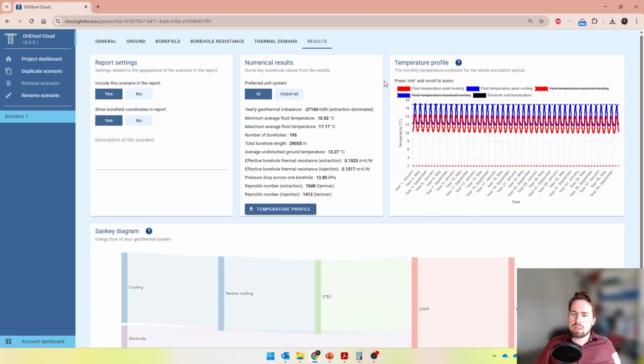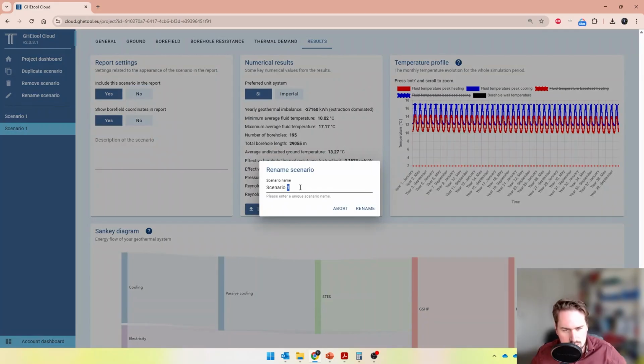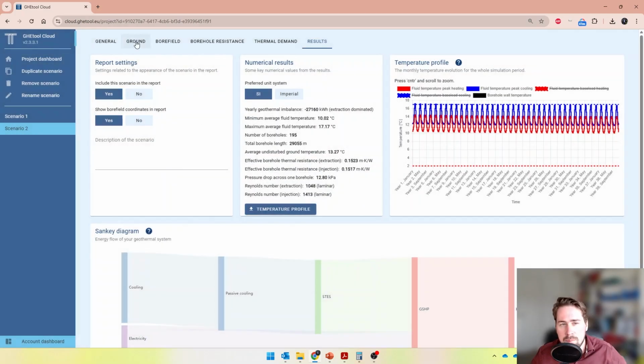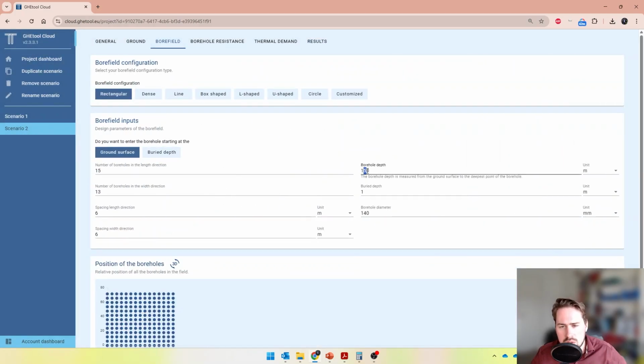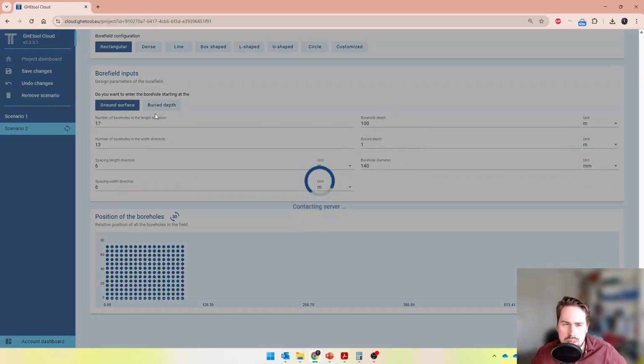So this was our initial design. We need, as you can see, 29,000 meters of borehole length. Now, if you recall the ground layers, we're now at 150 meters deep, working in the clay region. So let's go ahead and create another scenario where we say, well, let's go a little bit out of this clay region, go to 100 meters deep, and let's increase the number of boreholes in order to compensate for this.